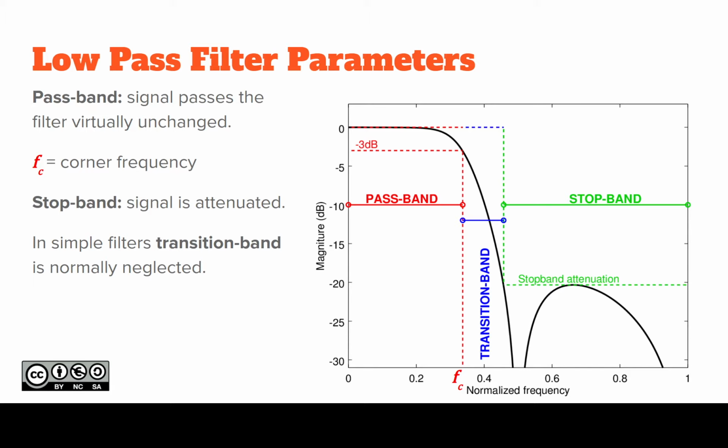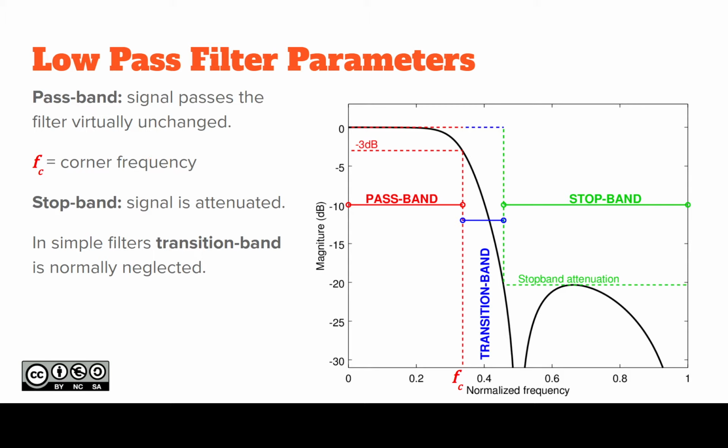In here, no attenuation to the signal. In here, stop band, for example, at that level, that will be minus 20 decibels. Minus 20 decibels is 1% of the power of the signal that is left. Okay, so that's for the low pass filter.